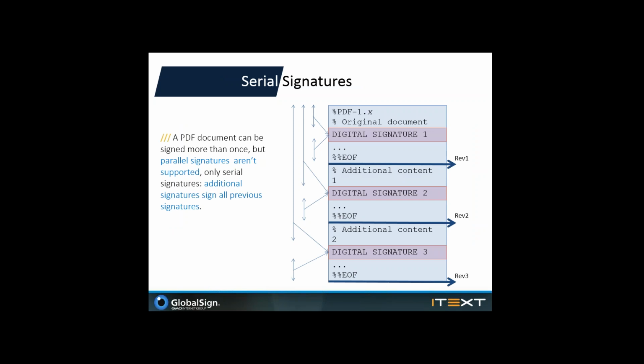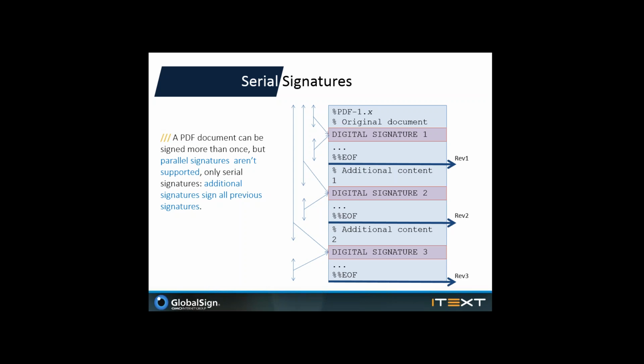The interesting thing that is shown in this diagram is that every subsequent signature signs the signature above it. So signature number 2 is signing signature number 1, and then signature number 3 is signing signature number 2 and 1. That kind of arrangement ensures that there are no changes made to the document. So you cannot have parallel signatures.